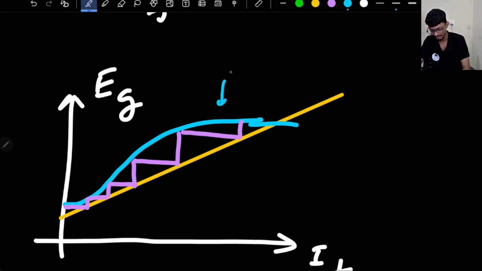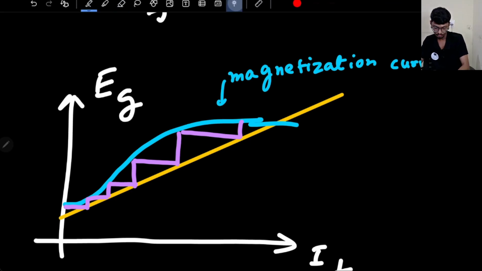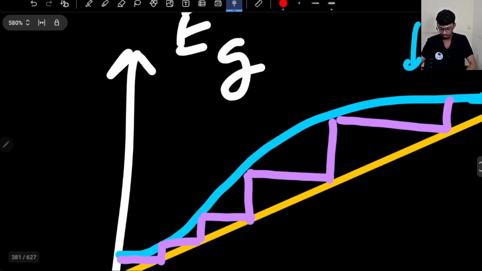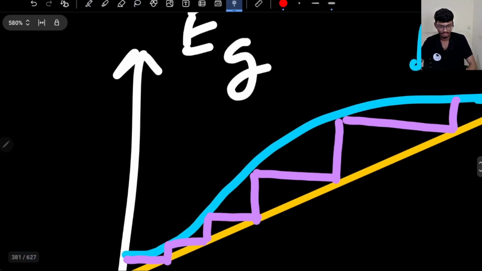So this is the magnetization curve, okay, and this is basically the voltage build-up process.